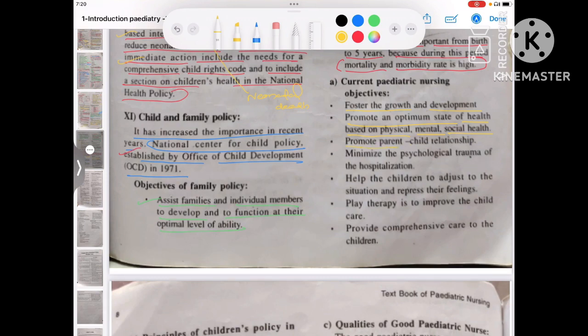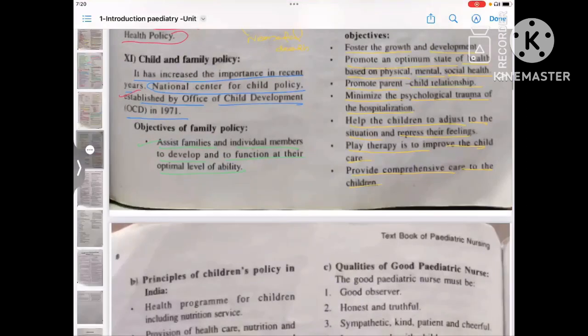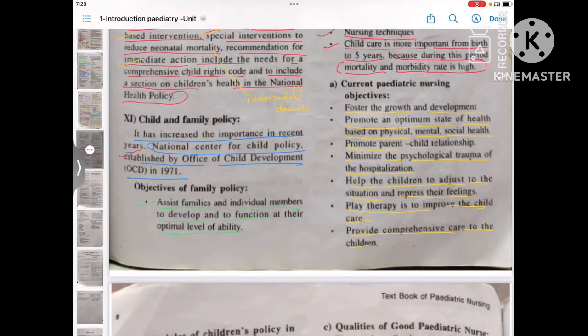Promote the parent and child relationship. Minimize the psychological trauma of hospitalization. Help children adjust to the situation and express their feelings. Use play therapy to improve child care. Provide comprehensive care to children.